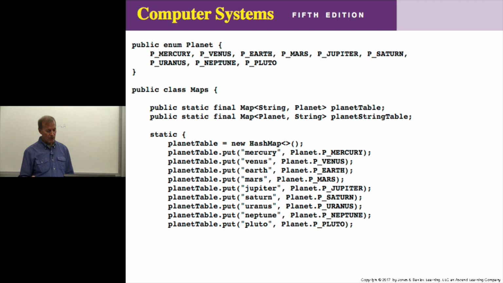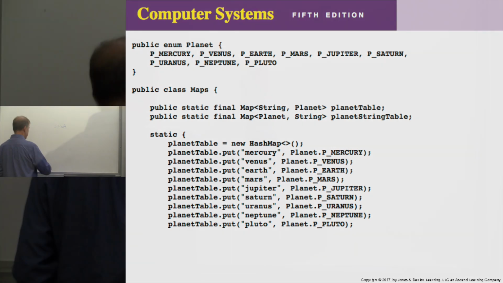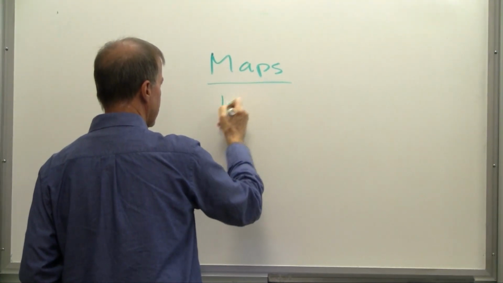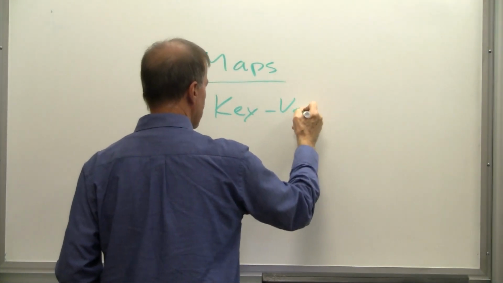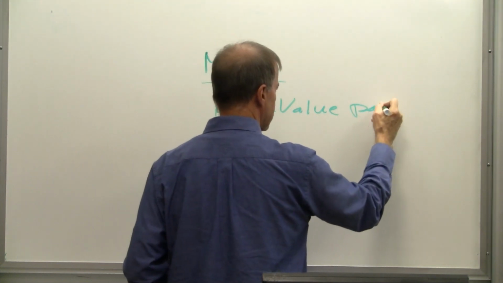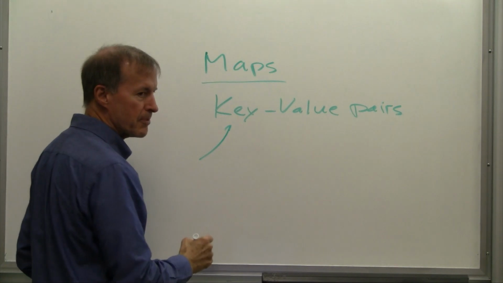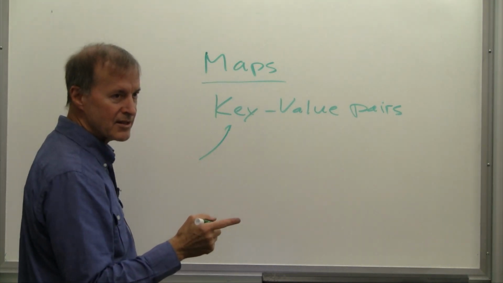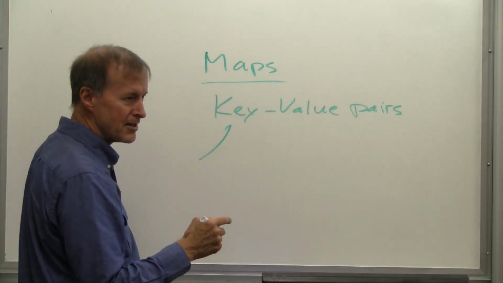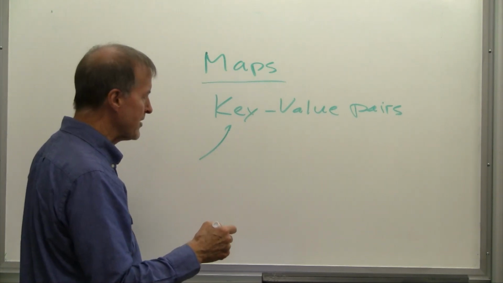In a separate file, we have public class maps. Now here's the thing, you guys. A map is also known as a dictionary, and it's based on a key value pair. So maps are key value pairs. The key is what you use to look up. The key is the item that you use to look up the information in the value.